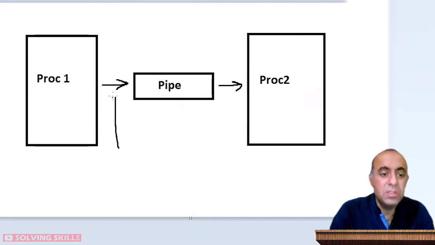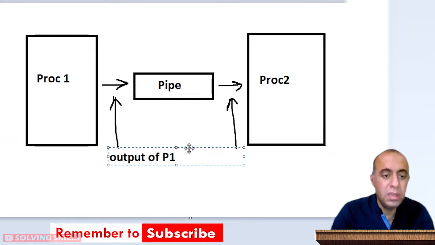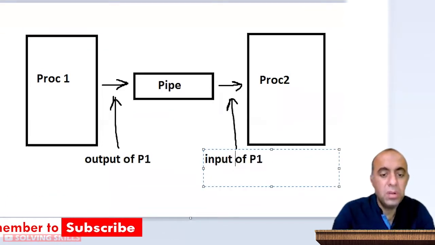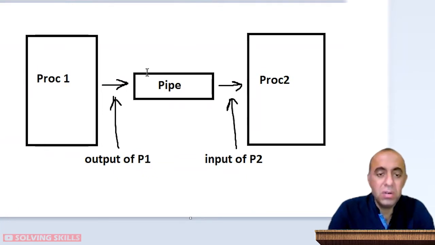So this is what a pipe is doing, right? You can say this is the output of process one, and this is the input of the second program, P2. This is obviously not the normal way of working of programs.